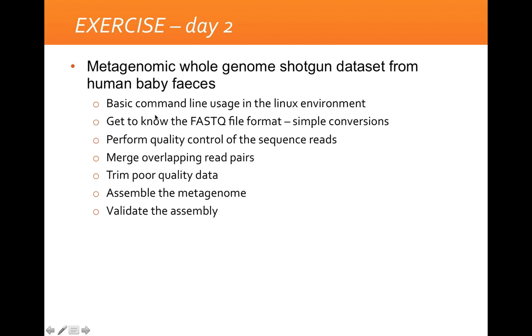You will become quite familiar with the FASTQ file format. After that, you will start to do quality control using the FastQC program. Then you will merge reads that are overlapping, trim reads that have poor quality, and assemble at least one metagenome. In the end, you will compare this with some pre-made assemblies that we have done on the same data set that you will be working with.